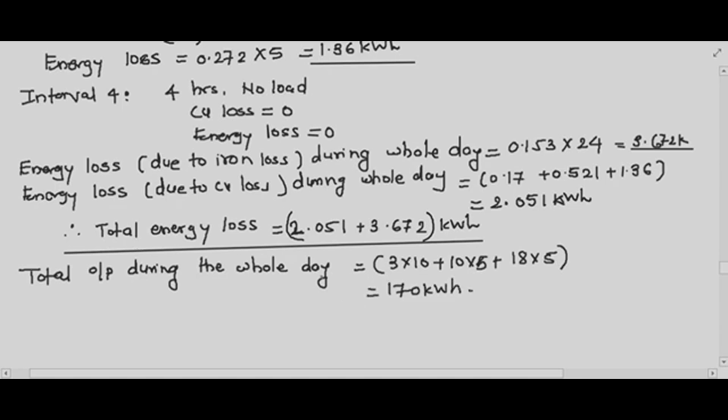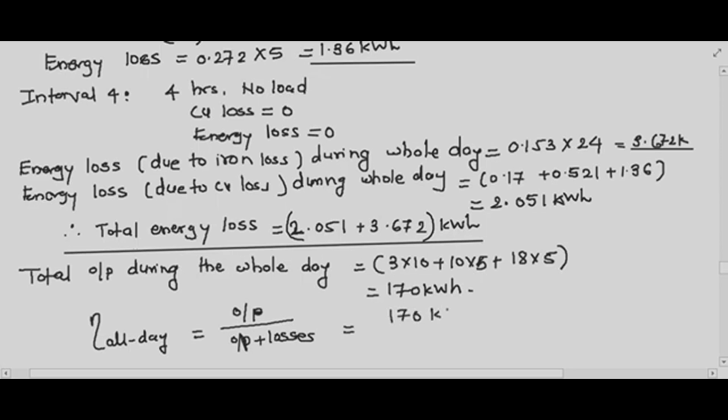Now we know, student, what is the all day efficiency? Efficiency all day is nothing but total output energy in kWh divided by output in kWh plus losses in kWh. So I will write down here output divided by output plus losses. Right? So what is the output? It is 170.